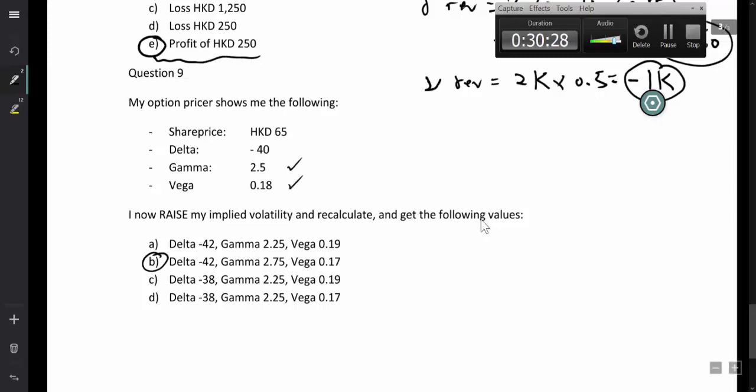Now, my second question to you, it's like Sherlock Holmes, it's like detective work. What kind of option are you long now? Put option, right? Very good. So looking at this, you know you are long option, and then you look up a little bit, you can further deduce you are long a put. So your payoff looks like this.